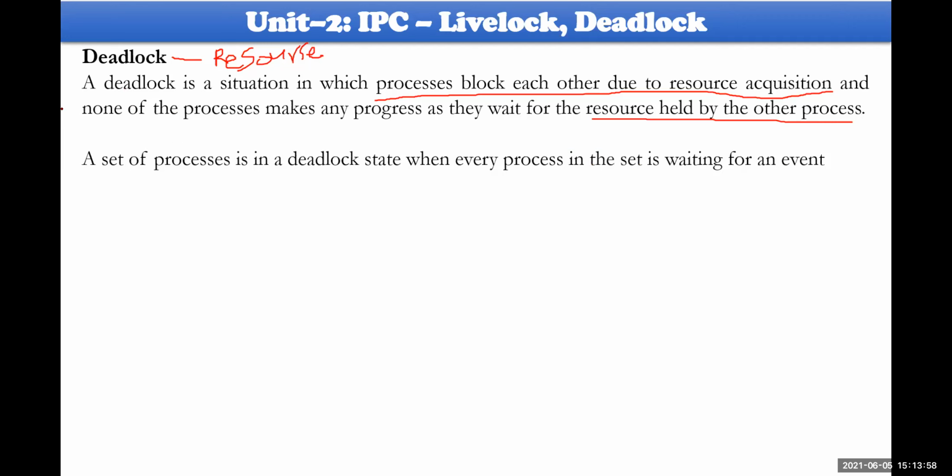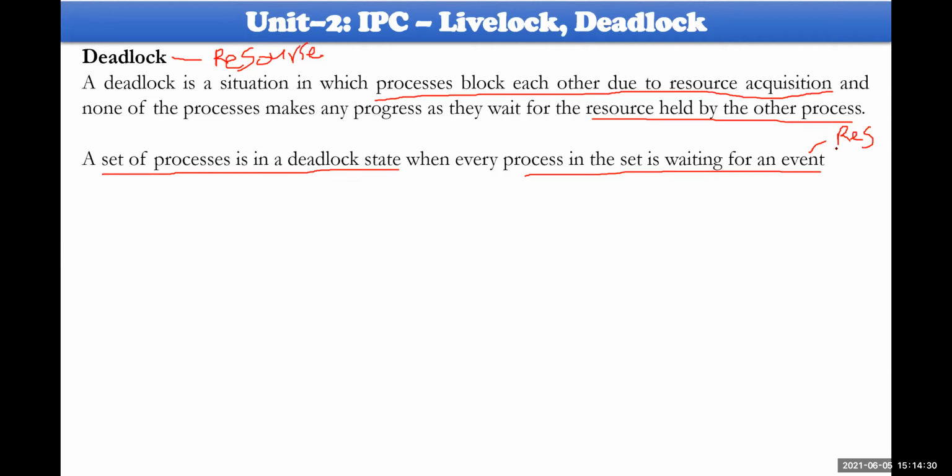Let us consider one more definition: a set of processes is in a deadlock state when every process in the set is waiting for an event, whatever the event may be. The most probable event is the acquisition of resource types.